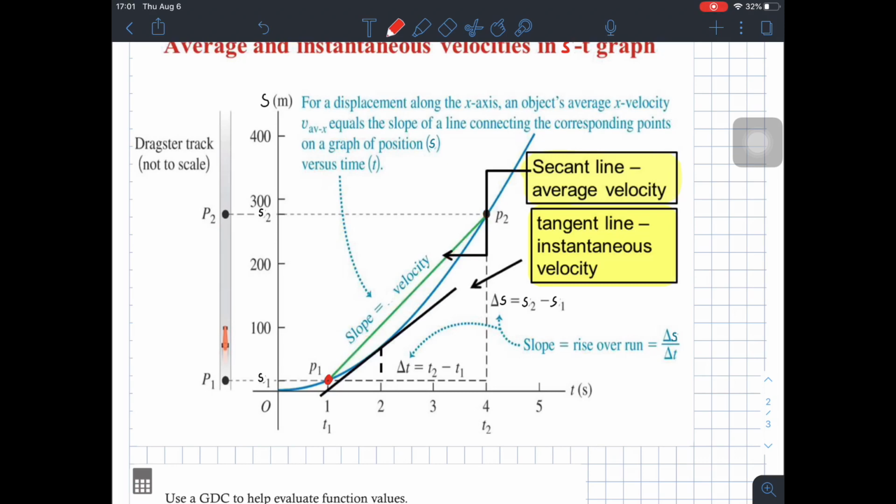Because it's not constant throughout all of the trajectory, right? The velocity is varying throughout that trajectory, okay? But if I find the instantaneous velocity, I will be finding the exact value of the velocity at this specific point over here, okay?